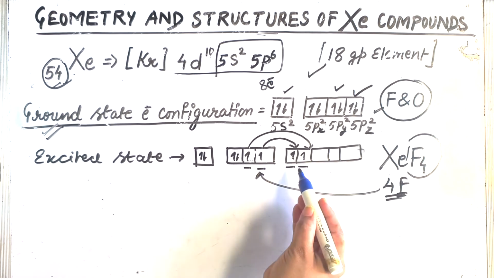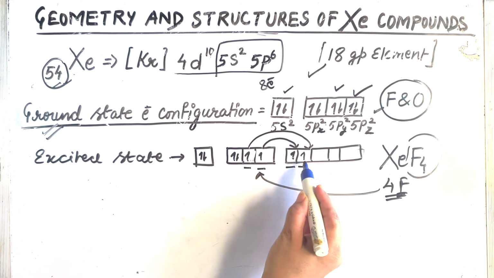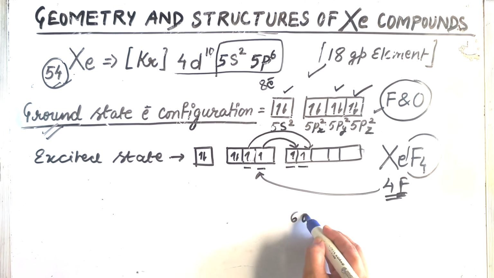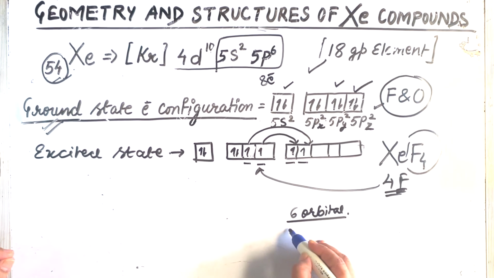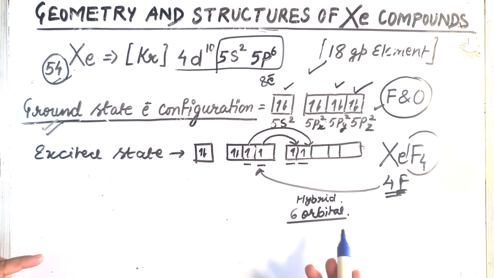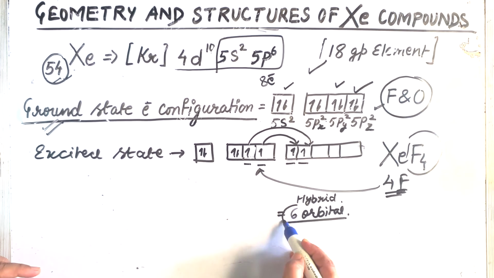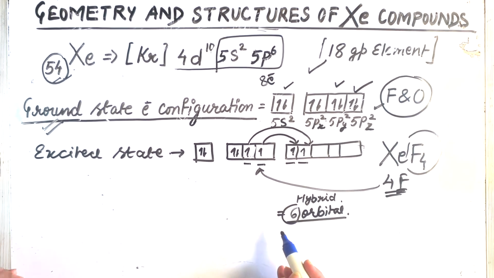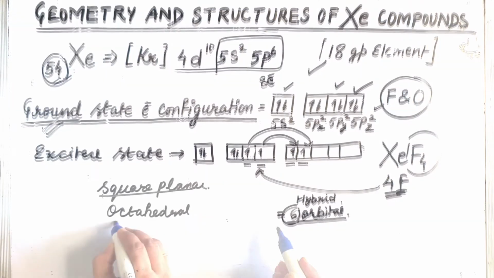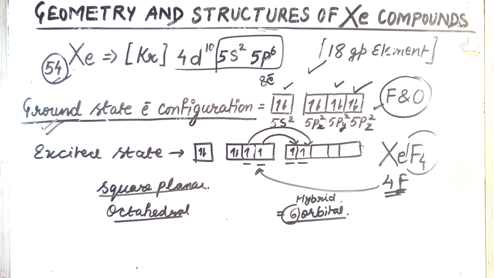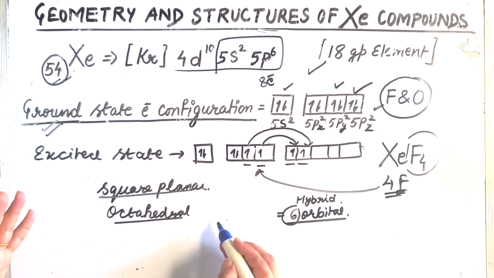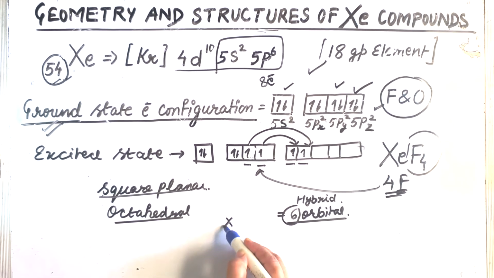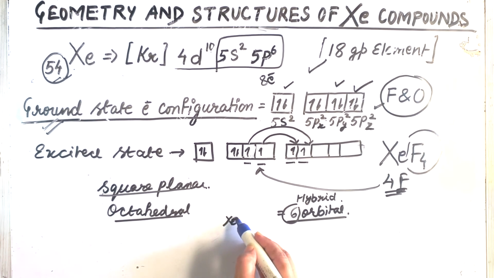Because 6 orbitals are involved in this, we are going to get 6 orbitals formed after the hybridization. Now what will happen if 6 hybrid orbitals form? These 6 hybrid orbitals will arrange themselves to feel least repulsion. So the geometry becomes octahedral. And what is that octahedral geometry? Look at this. Xenon is the element.